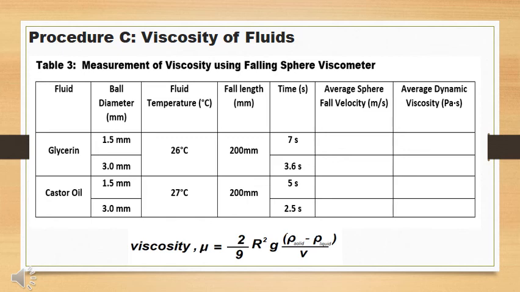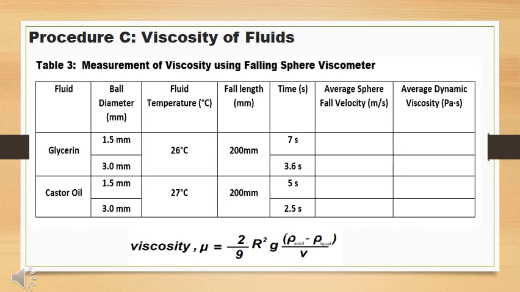The time of fall for glycerin using the 1.5 mm ball is 7 seconds. Using the 3 mm ball diameter, it is 3.6 seconds. For castor oil, dropping the 1.5 mm ball takes 5 seconds, and the 3 mm ball takes 2.5 seconds.